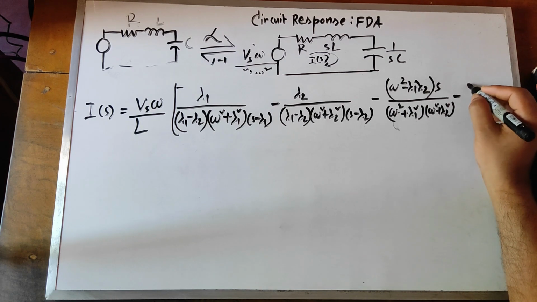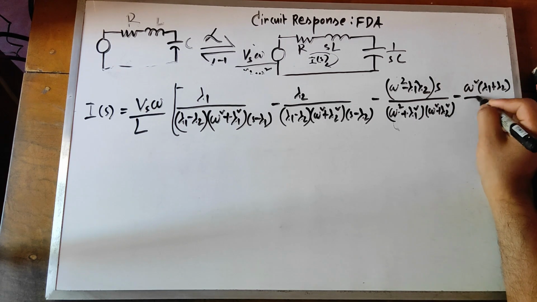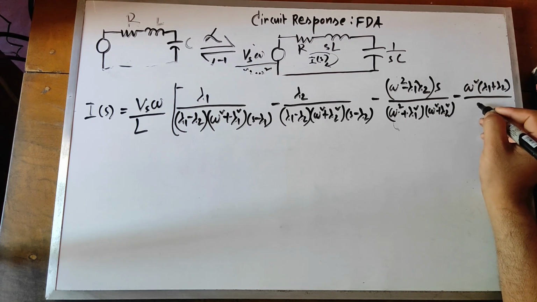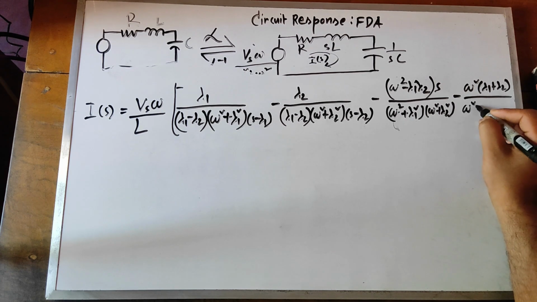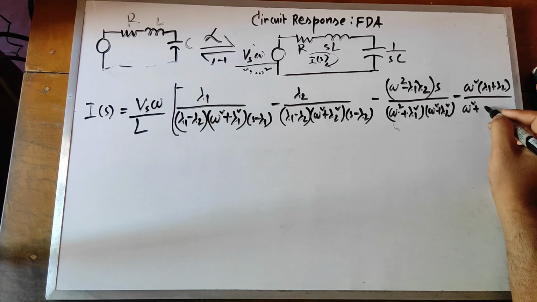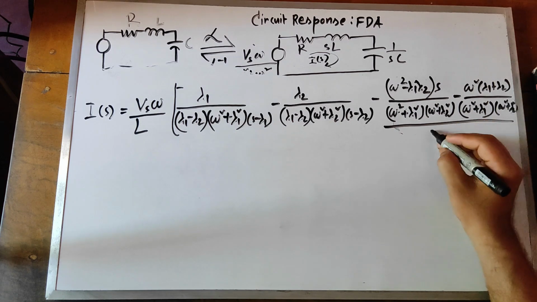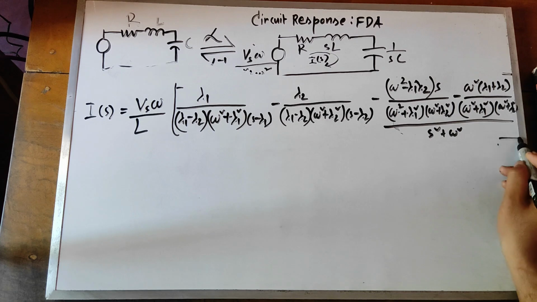So there is no end to it, so omega square lambda 1 plus lambda 2, and oh, I have forgotten, okay, let me write this first. This lambda 1 square, then omega square plus lambda 2 squared, and which is by s square plus omega squared. So this is the full expression.